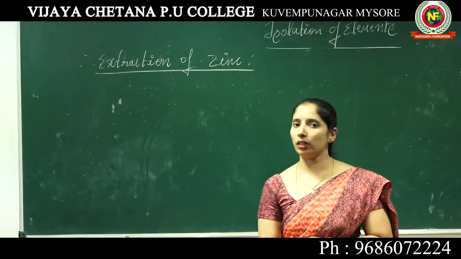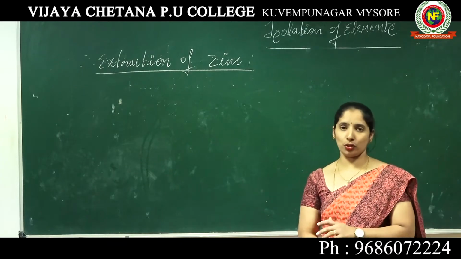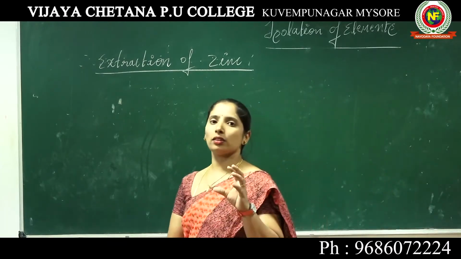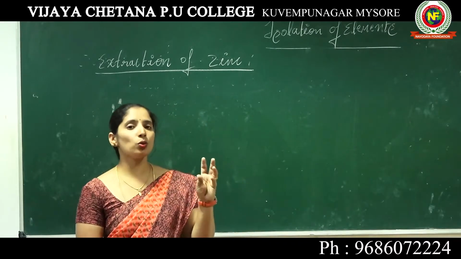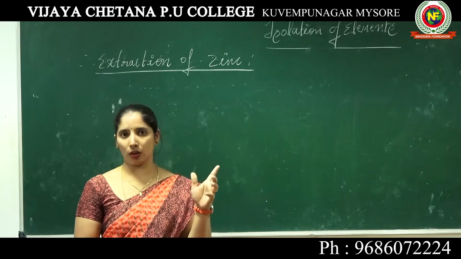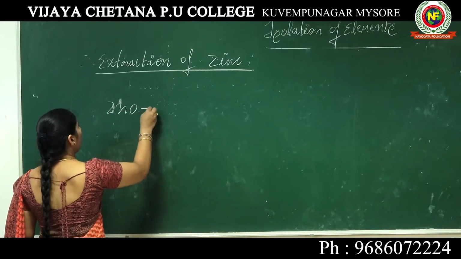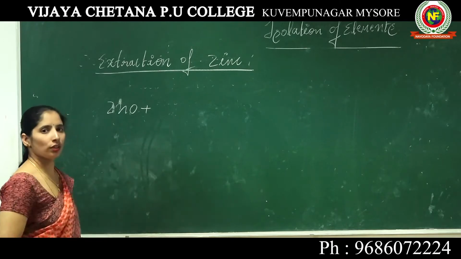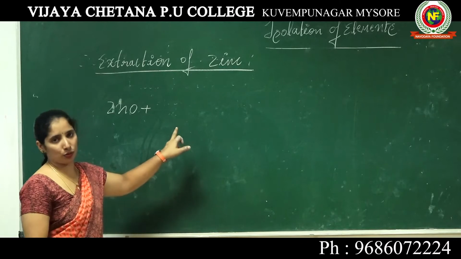On that we discussed how the zinc oxide is reduced. The zinc oxide can be reduced into zinc by adding a suitable reducing agent. We use coke. So here also the same. Here I am using coke as a suitable reducing agent at 1673 Kelvin. It will get reduced to form zinc and carbon.